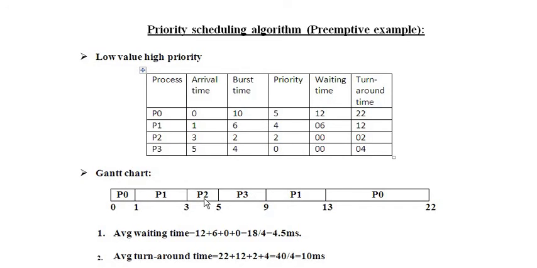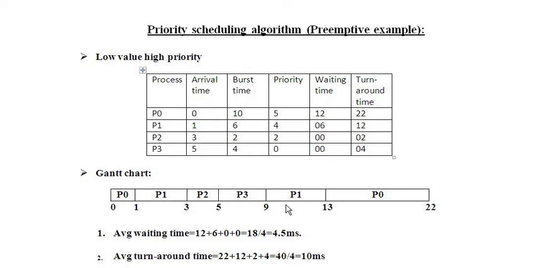Now we have completed P2 and P3. What is left is P0 and P1. We have to choose which one should be given the CPU now. When we check priority, P1 has the higher priority, so P1 will be given a chance. We know that P1 has already executed for 2 milliseconds, so 6 minus 2 is 4 milliseconds.